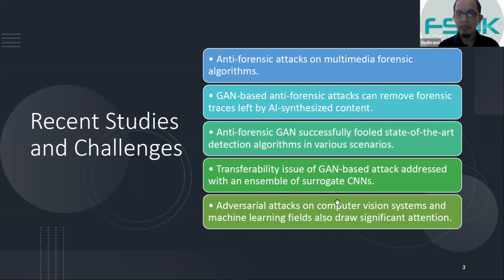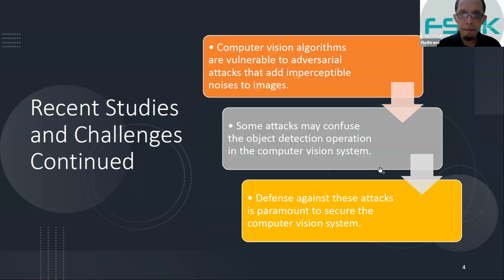And then the adversarial attacks on computer vision systems and machine learning fields are also very important and have drawn a lot of significant attention. Computer vision algorithms are very vulnerable to adversarial attacks that add imperceptible noises to images.